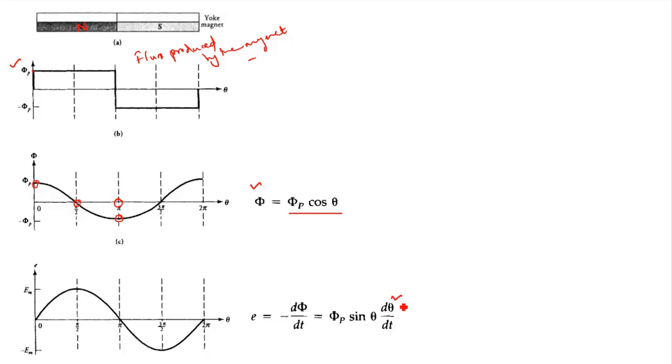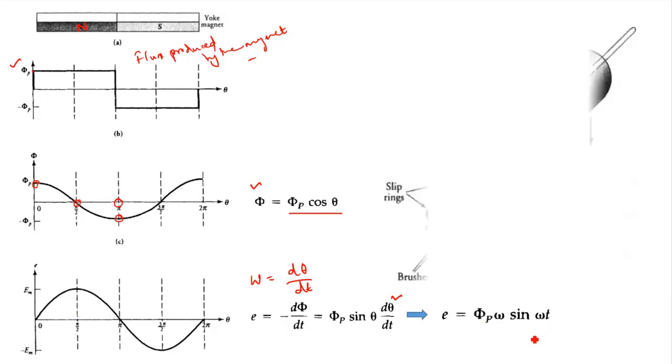And we know d theta by dt is equal to omega, the angular speed of the rotor. So I can write it as phi p omega sine omega t. So the induced EMF across the coil is phi p omega sine omega t.